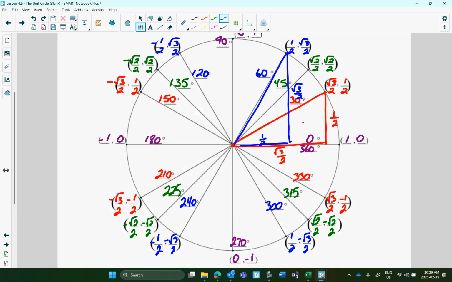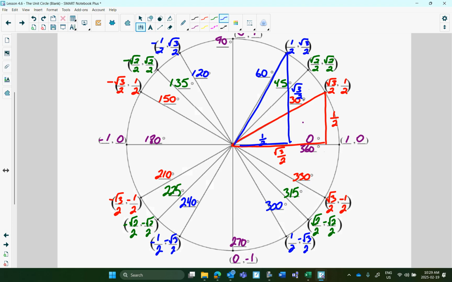What point on the unit circle corresponds to an angle of 225 degrees? Right. What point on the unit circle corresponds to an angle of 180 degrees? Yeah, right. Okay. Now you're going to have to commit this to memory right now.